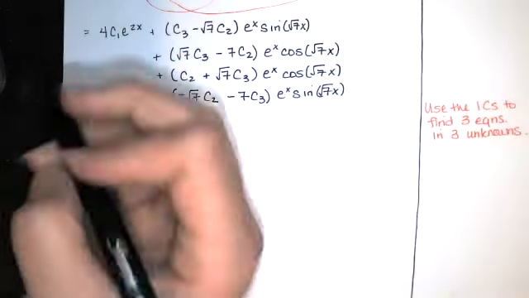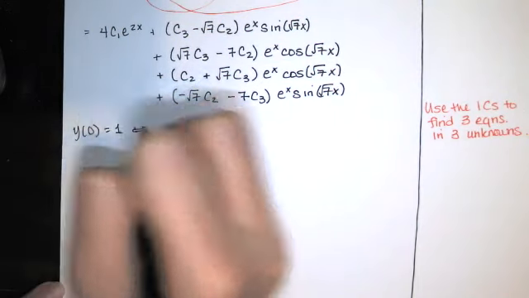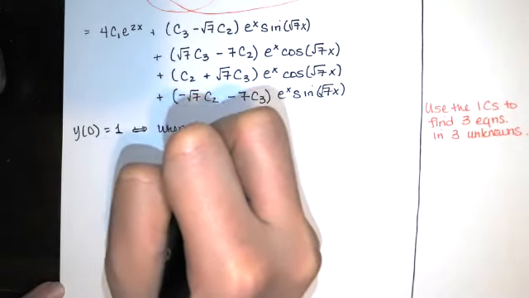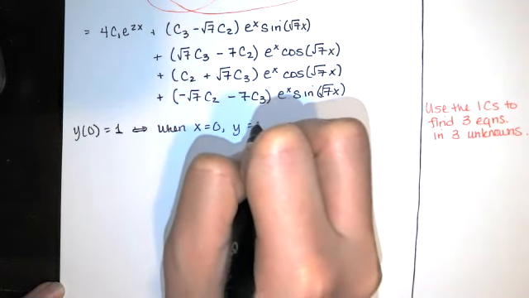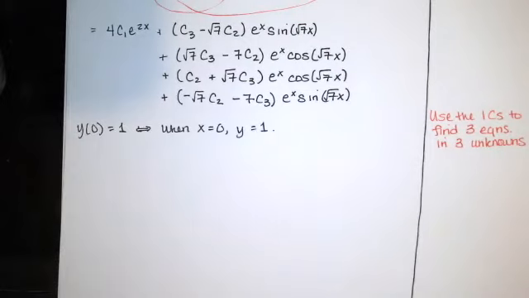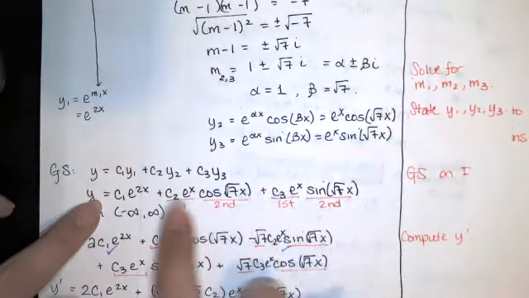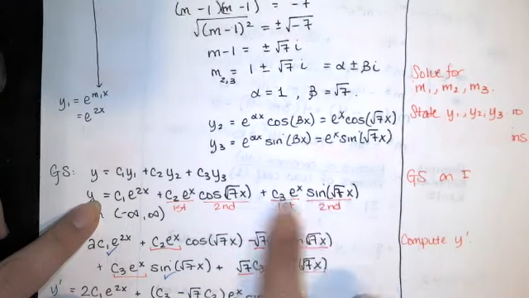Okay, so we have y of 0 equals 1. That's the same as saying that when x equals 0, y is equal to 1. So let's go to our function y. That's this function right here, and evaluate it at x equals 0.